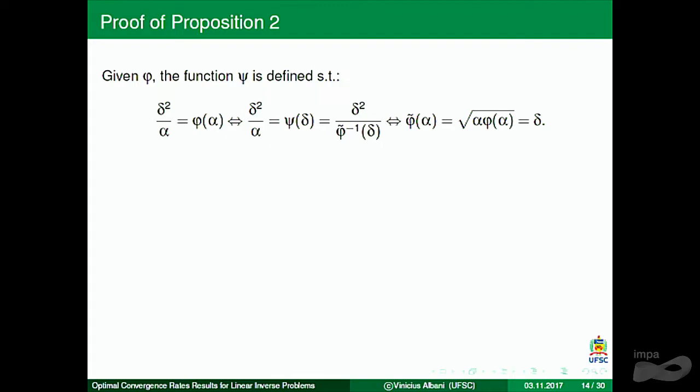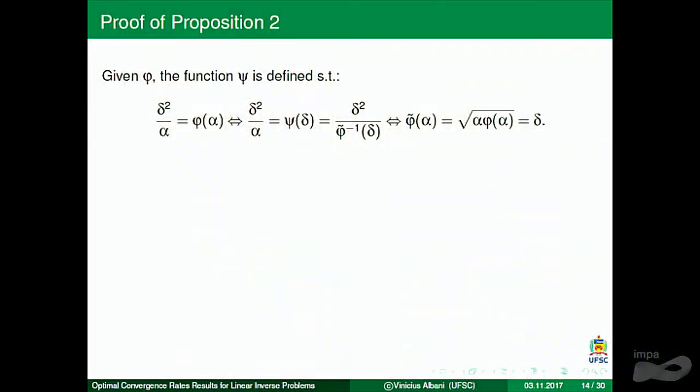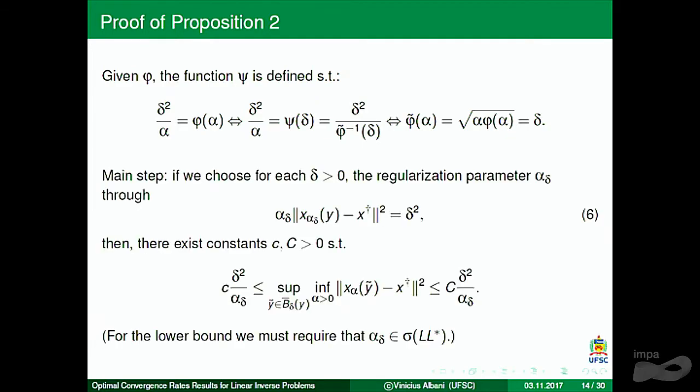Before starting to show the main steps of the proof, we choose phi and psi such that these two equations are satisfied. And the main step is the choice of the regularization parameter alpha. Alpha must satisfy this equation. And if alpha satisfies this equation, we have these two estimates, these two inequalities.